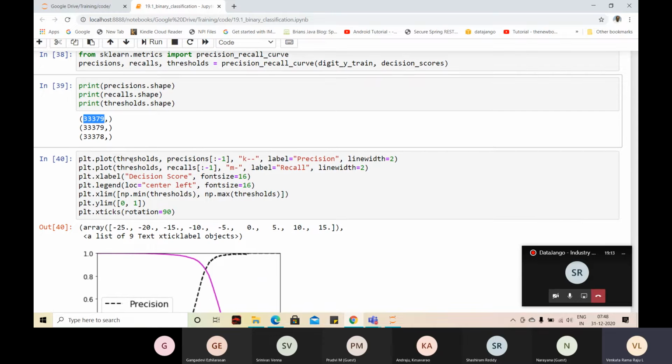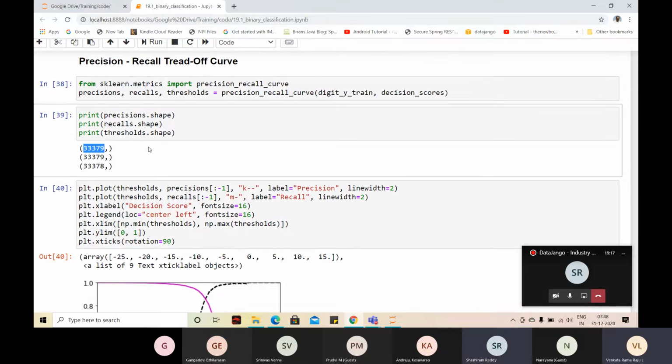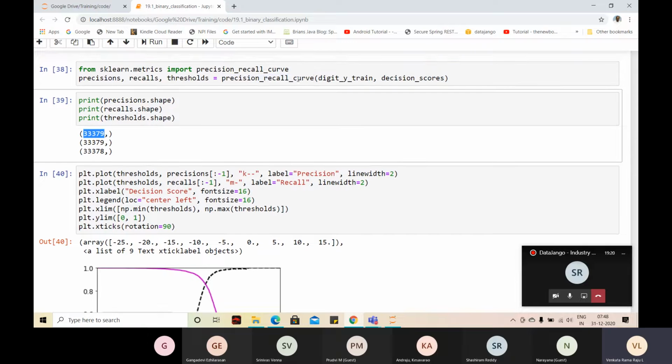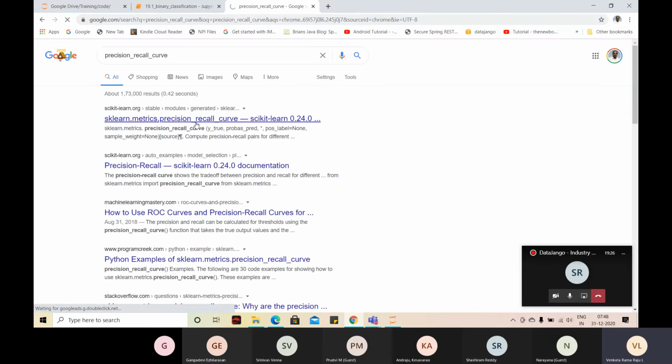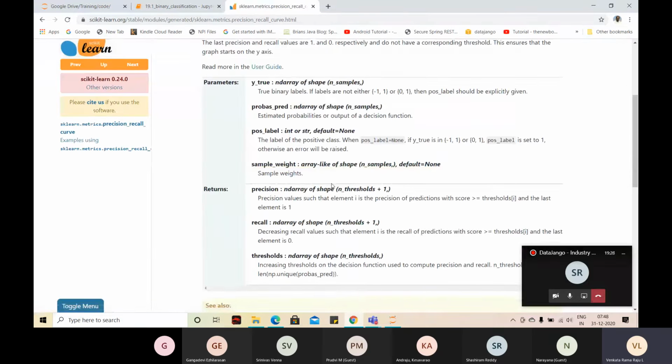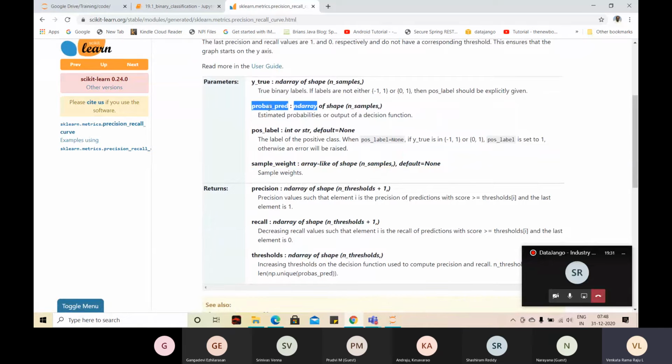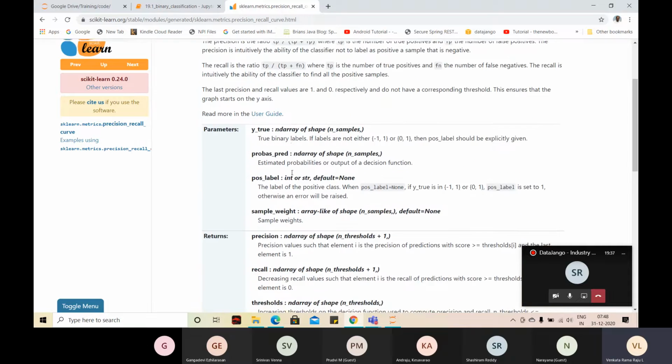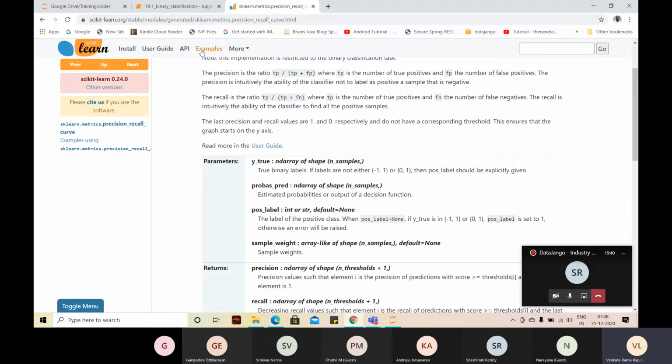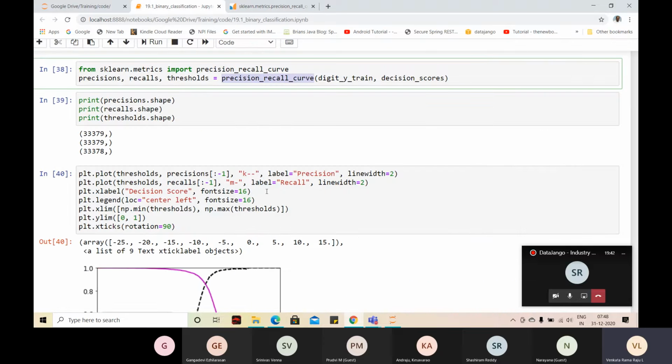But for the precision recall curve, I don't know. Maybe we need to look into the API, maybe they have given something there to control the number of thresholds. No, I don't think so, we don't have a parameter there.